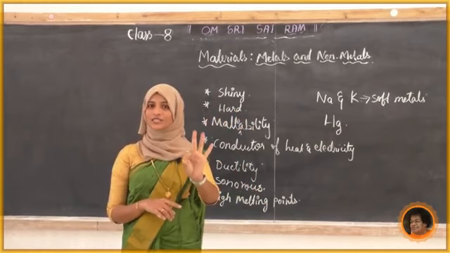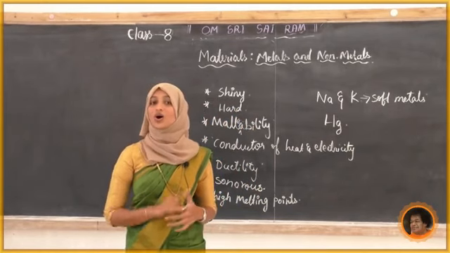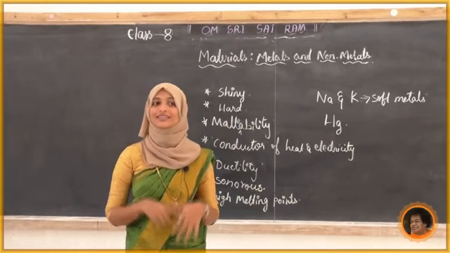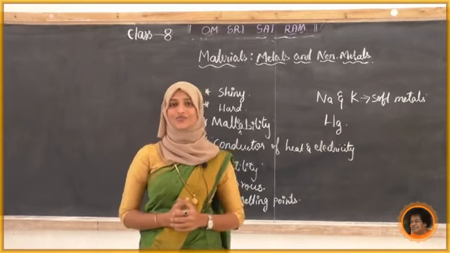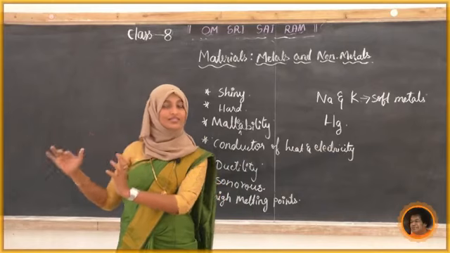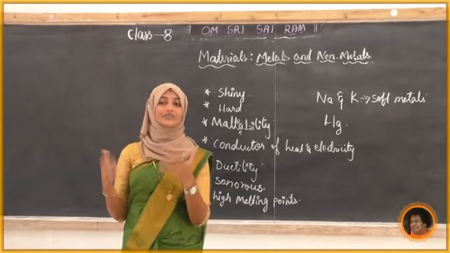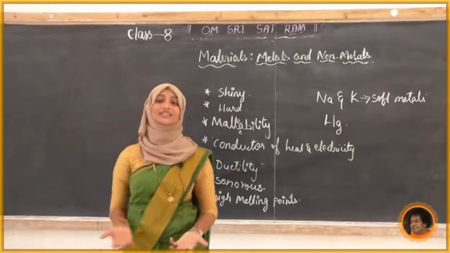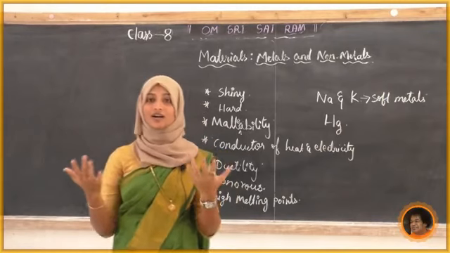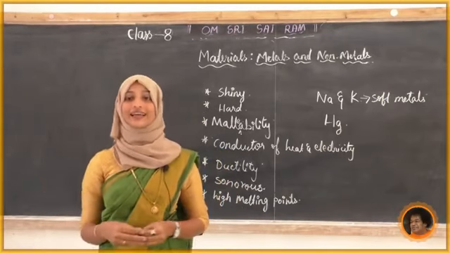Yes, next point, what? Sonorous. Sonorous means what? Metals produce a ringing sound. This is a special character of this one. So we are using these metals in many areas.